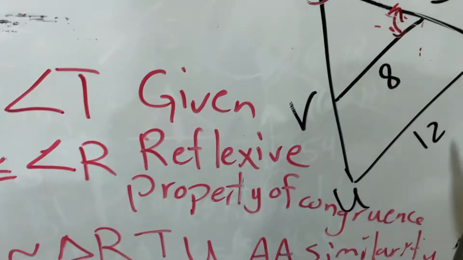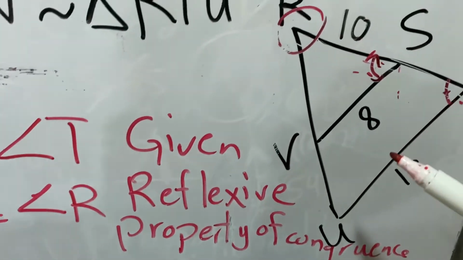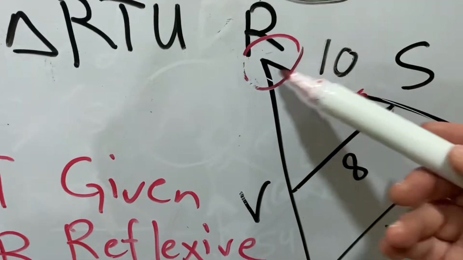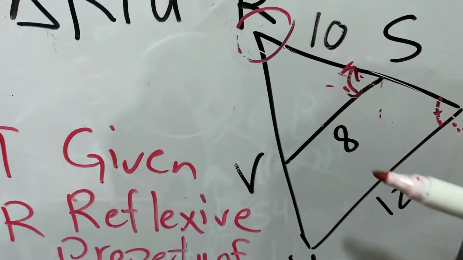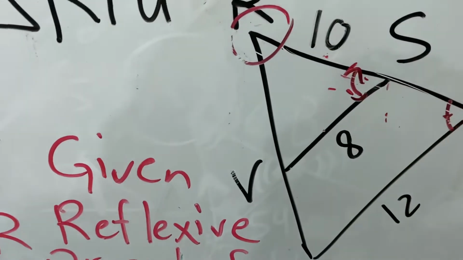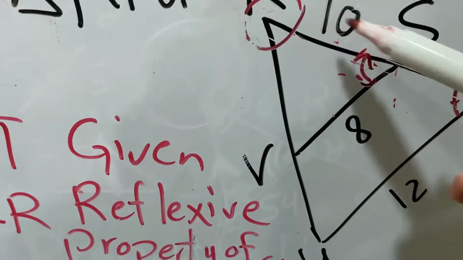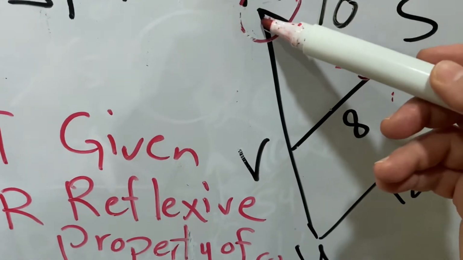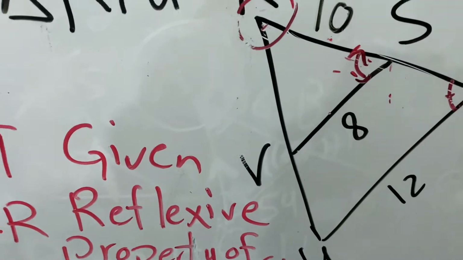8 over 12 is equal to, what is the other side from the small again? If I start from 8 over 12, then I will start again with 10. 10 over all this RT. Why 10? The small is the small one and the corresponding from the big one is all RT. And like this we can find RT.